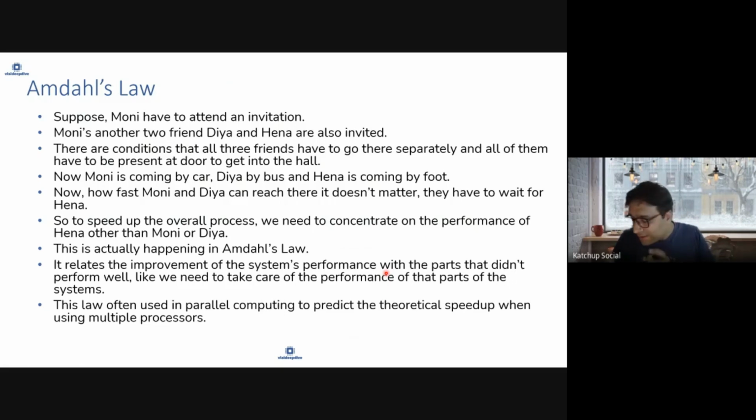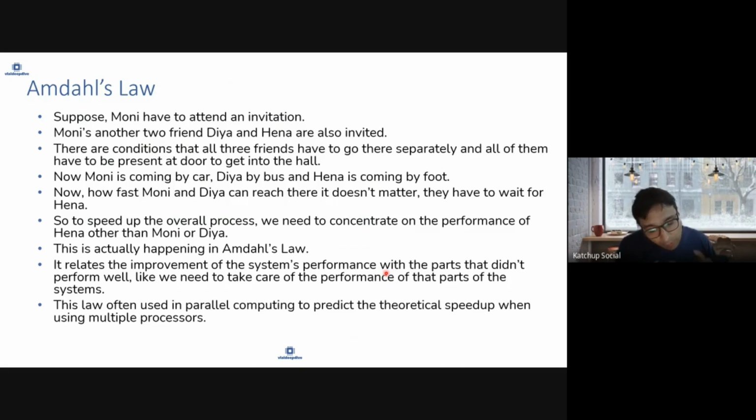Let's say there is a part of the system which is slow, and you are trying to improve the performance of that slow part. How much is it going to impact the speed or the performance of the overall system? That's what Amdahl's law relates to. If we take care of the performance of the slowest part, how much is it going to impact the overall performance of the system?